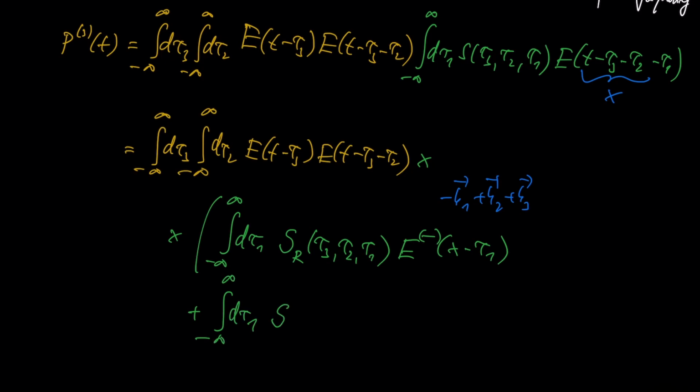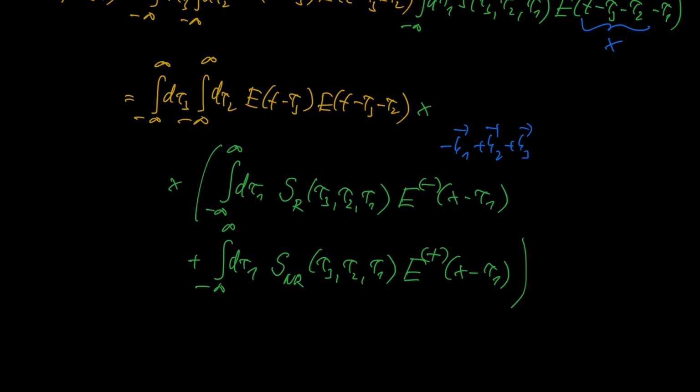Here is the non-rephasing contribution, tau 3, tau 2, tau 1, and therefore we have e plus x minus tau 1 here. And this is the situation in which the first pulse that occurs, the one that is farthest, is actually the k2.